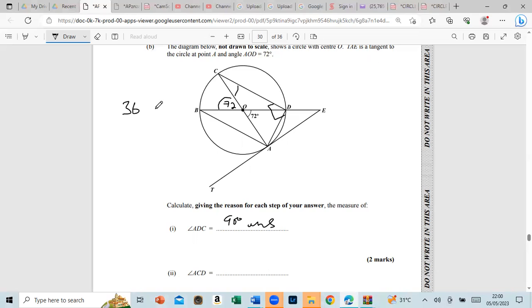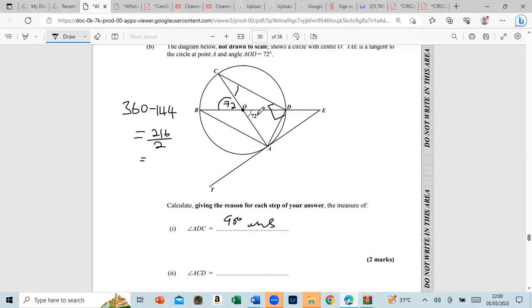Everything at a point is 360, so I will have to do 360 minus 144, which works out to 216 for the two of them, but the two of them are going to be equal. So we can divide by 2 and that will give us the value for right here and right here. That's 108 for each.